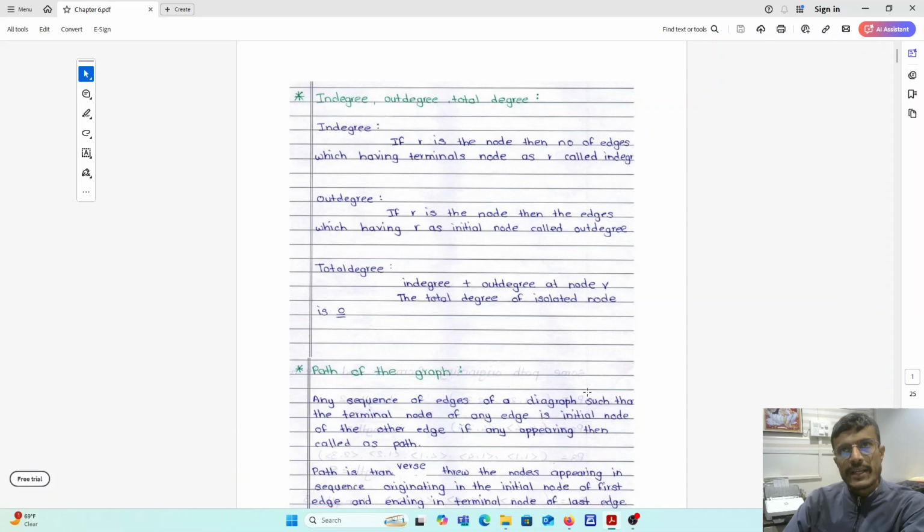In the case of a directed graph, every edge is directed, that's why it is called a directed graph. In the case of an undirected graph, there is no direction between the two nodes, or there is no directed edge. And in the case of a mixed graph, some edges are directed and some edges are undirected.